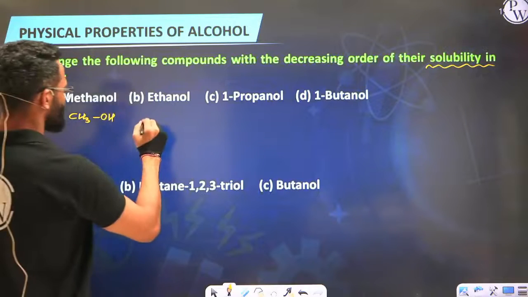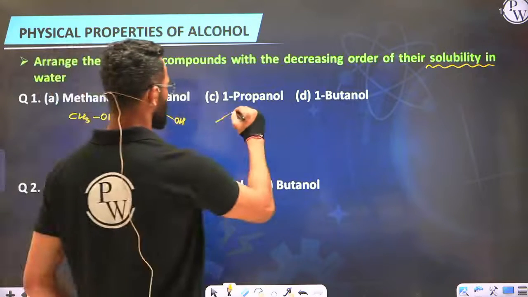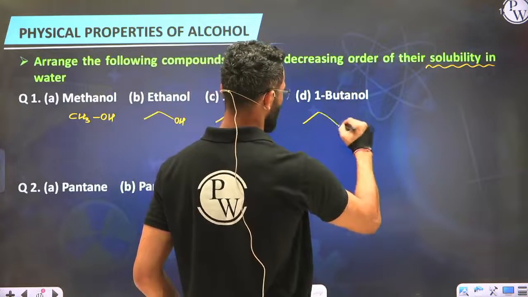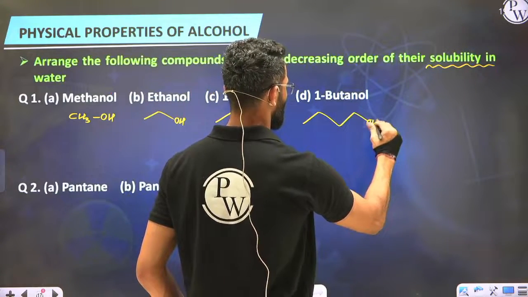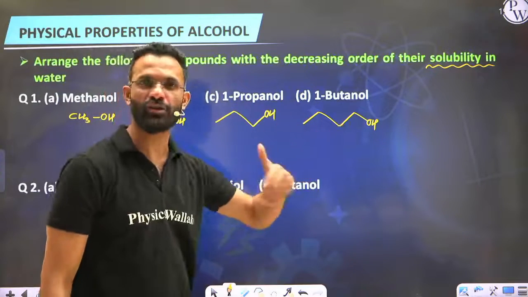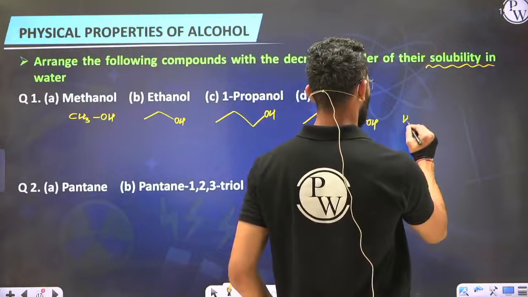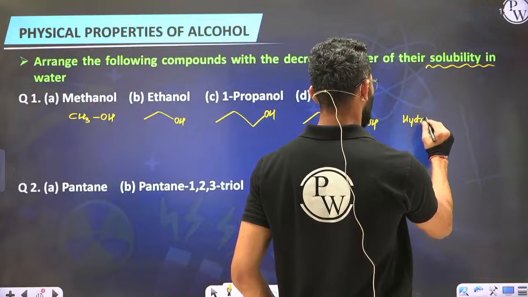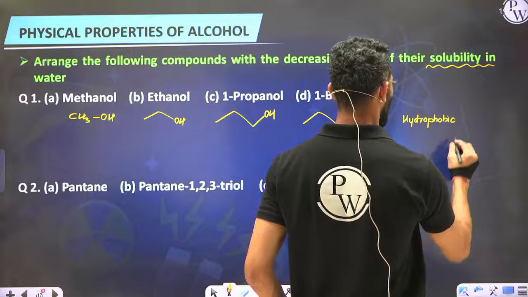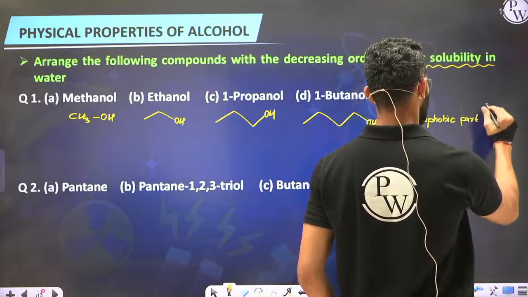This is methanol, this is ethanol, this one is propanol, and 1-butanol, 1, 2, 3, 4. See, as you're moving from methyl to ethyl to propyl to butyl in the alkyl part, the nature of the hydrocarbon part is increasing, meaning the hydrophobic part is increasing.